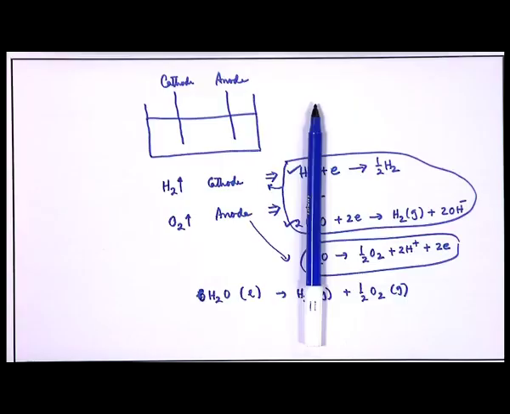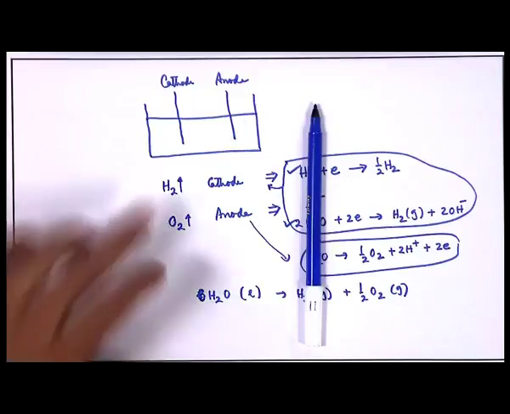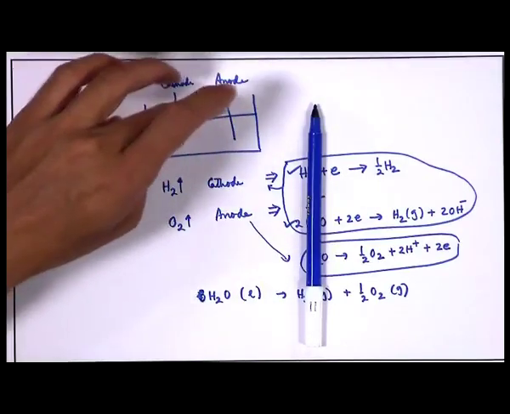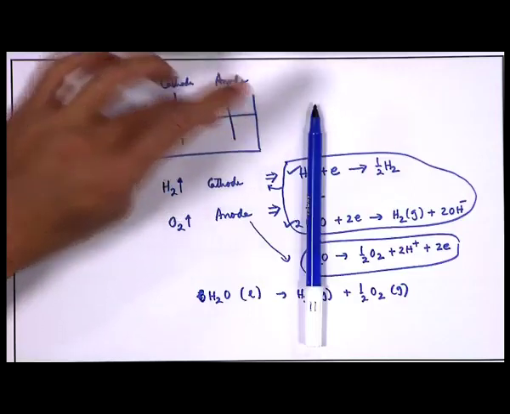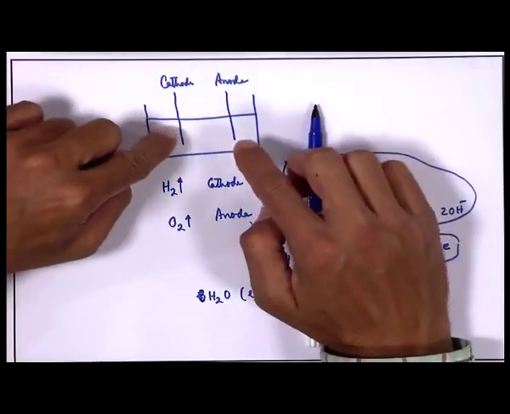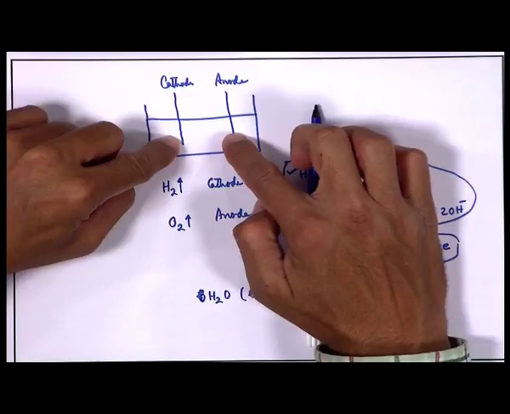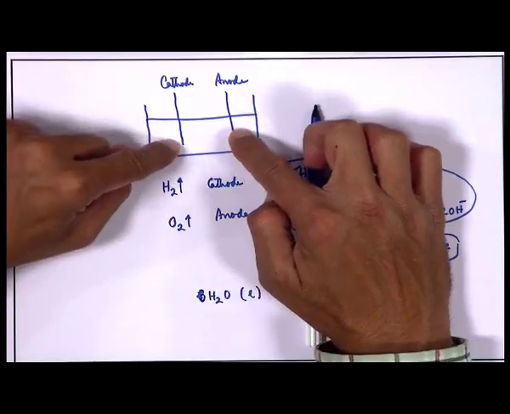Because if you supply DC, then whatever I was discussing over here is going to happen. That means the cathode and anode, these two electrodes, will be covered with hydrogen and oxygen, and the electrode characteristics will be affected. So, if you have AC, then once this will be cathode, this will be anode, so hydrogen and oxygen will be produced like this.